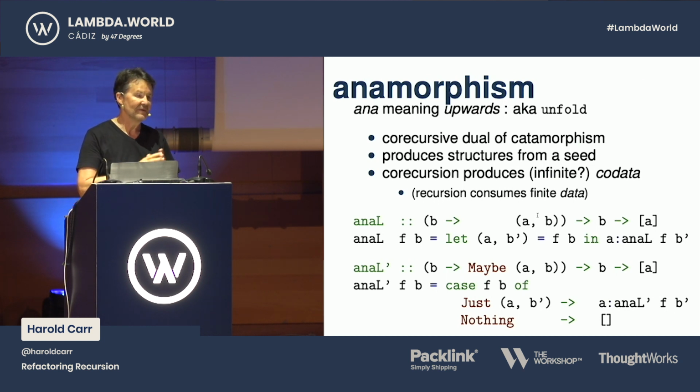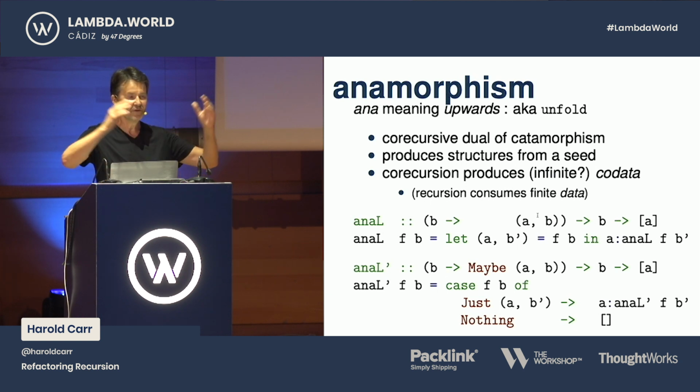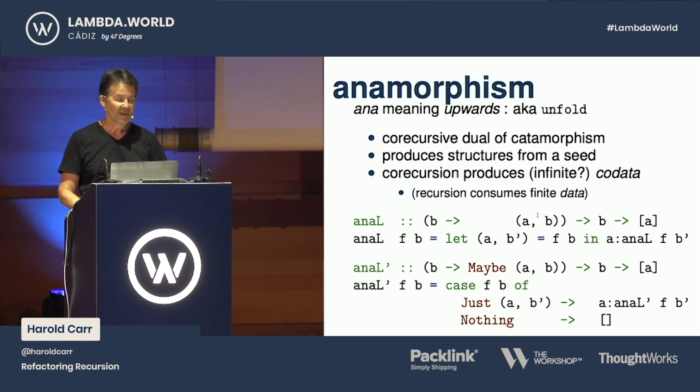Same thing with anamorphism. You start with a seed, one little thing, and you're going to build up a structure. And that structure could be infinite. These two definitions show that. The first definition has no stopping case. It just says, given a b, which is the seed value, return me an a and a b. And then there's the seed value here and a list of a's.